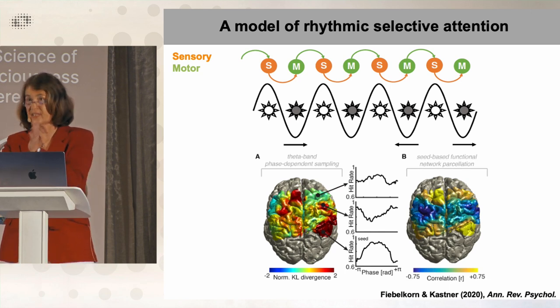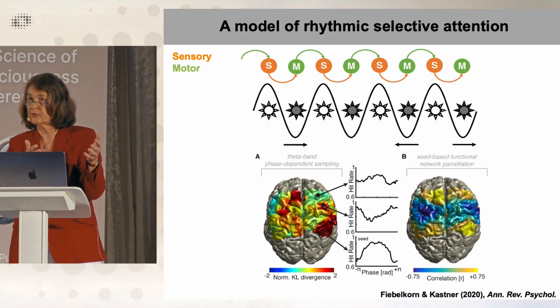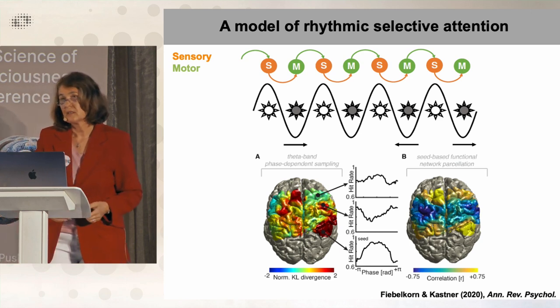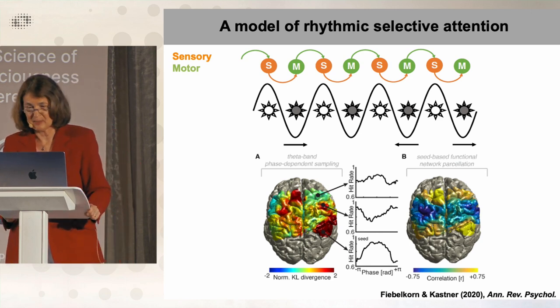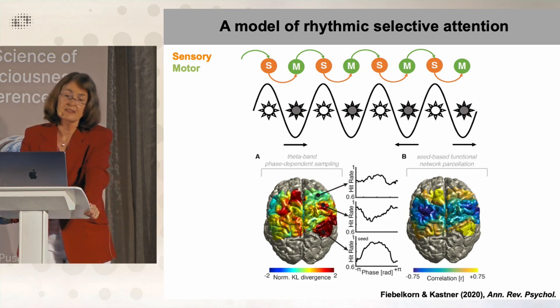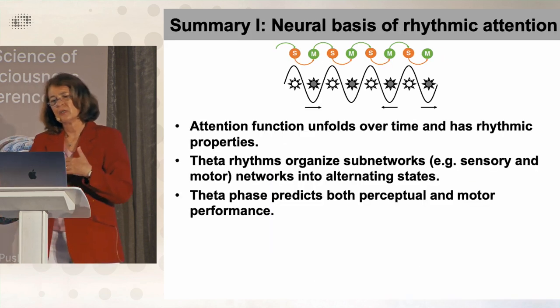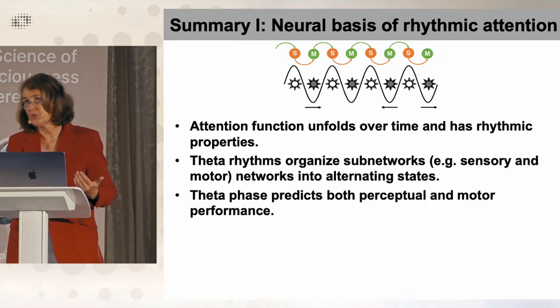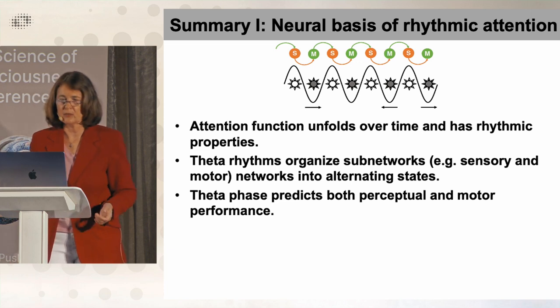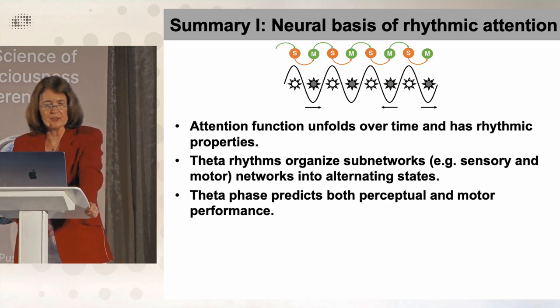You do not have to set up a new state. That state comes for free every 250 milliseconds, 4 times per second. So that's our interpretation of why we have that, and I could go into much greater detail, but I want to get to version 2 and how we extended this theory during the last years.